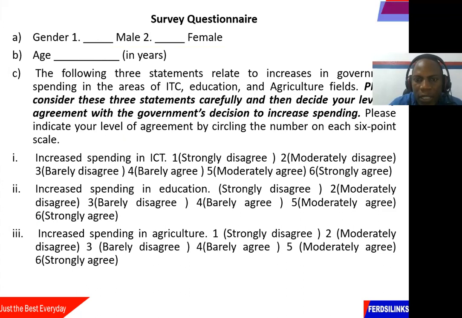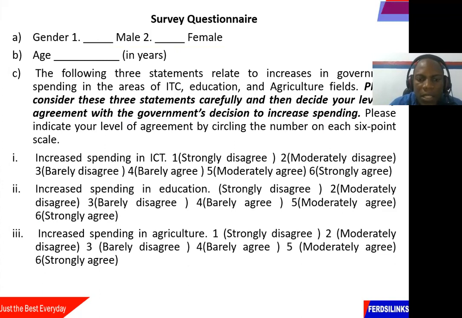One of the objectives is to what extent do Cameroonians agree that the government should increase spending in ICT? To what extent, which is the second, do Cameroonians agree that the government should increase spending in education?